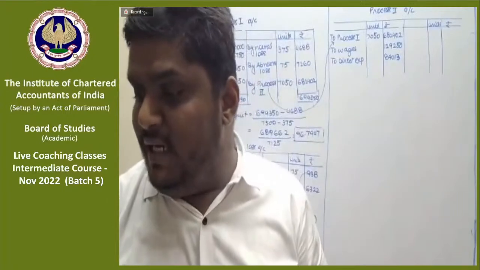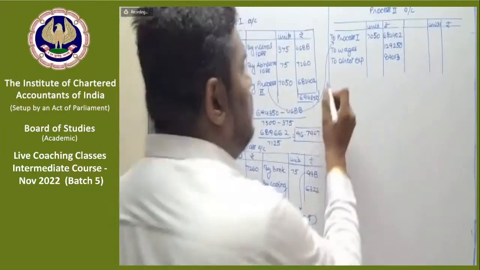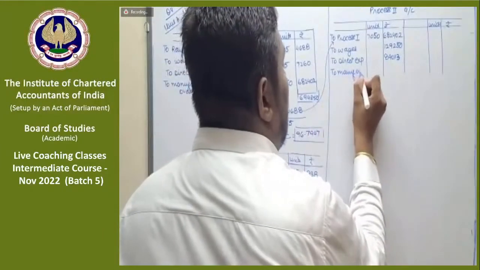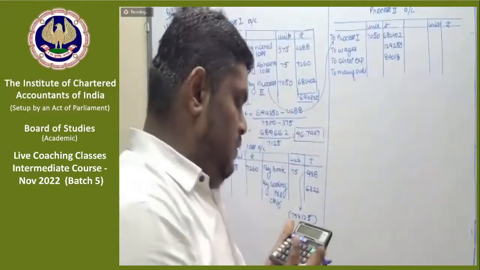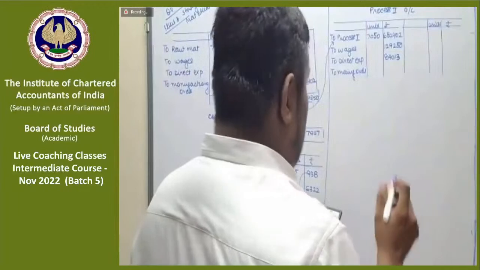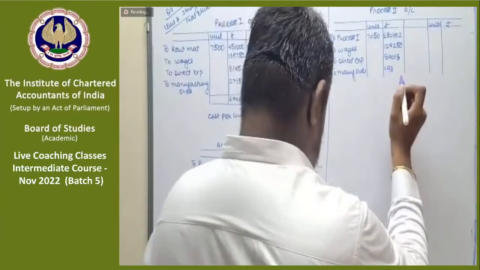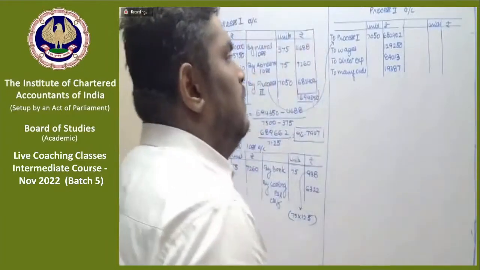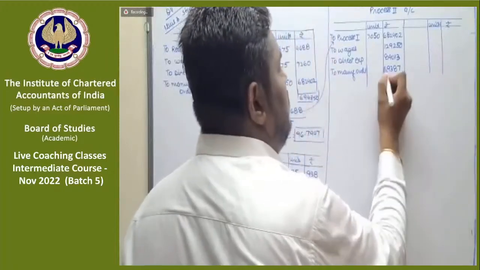Further, the manufacturing overhead are 15% of the direct wages, that is 19,387. So this is the total cost that is incurred till now.